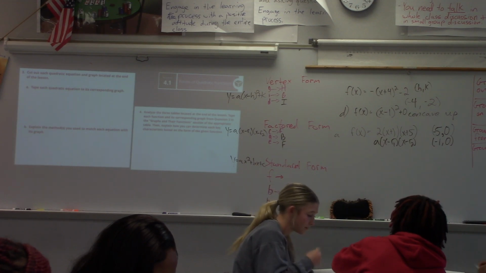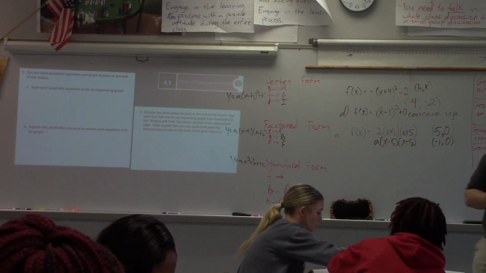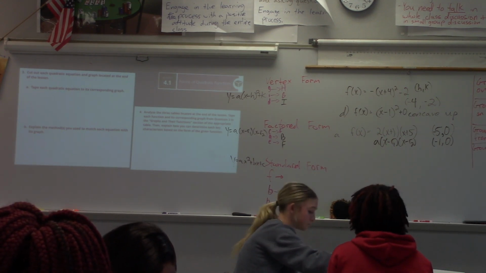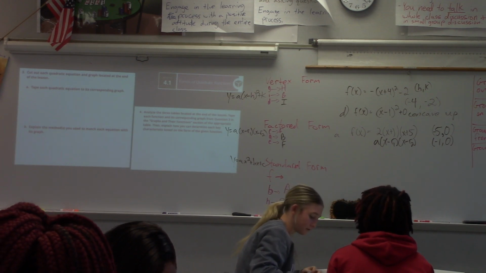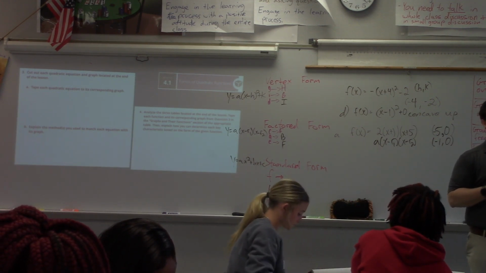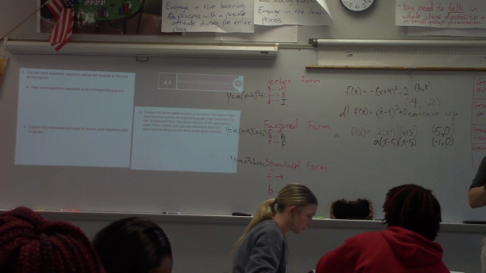Equation A went with B. Equation E then goes, is it F? Did I switch that right? Because notice x minus 1 times x minus 5, that would give me a 1 comma 0 and a 5 comma 0. Okay, yeah, y'all didn't even get those up there yet.